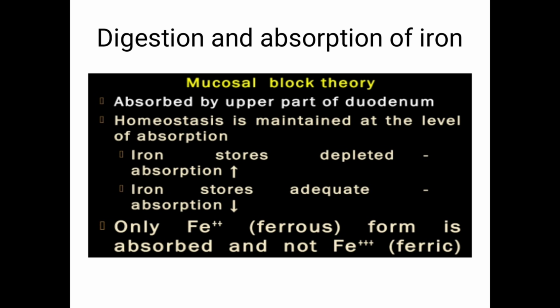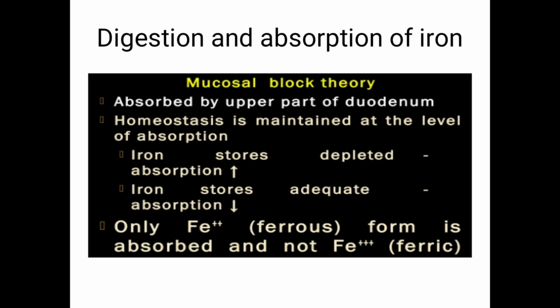Homeostasis maintained means that it maintains the iron level, how much iron is required for the body. The rest is destroyed. Homeostasis means if iron stores are depleted, absorption increases.